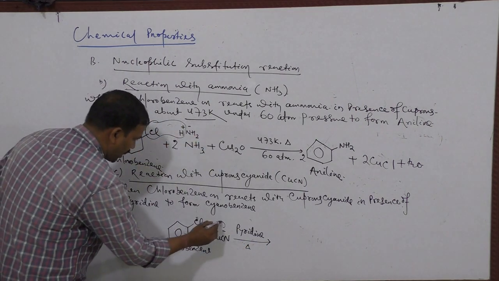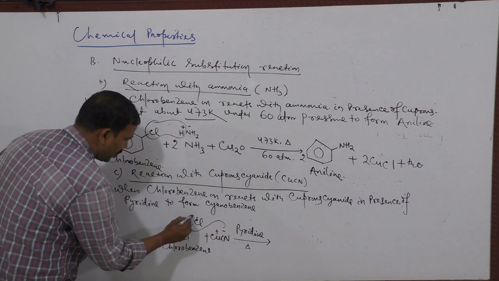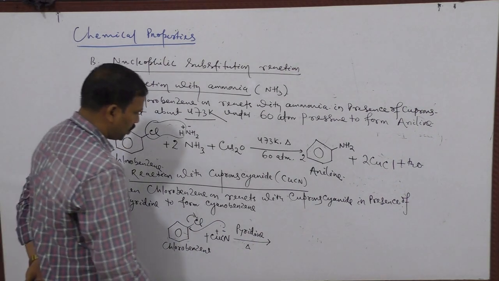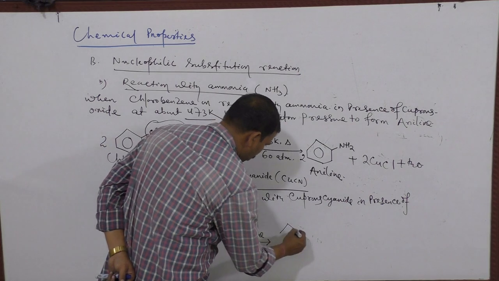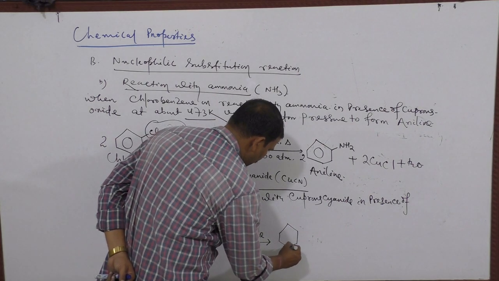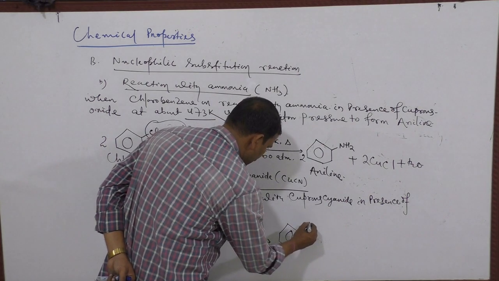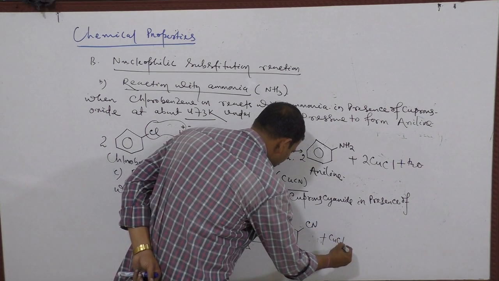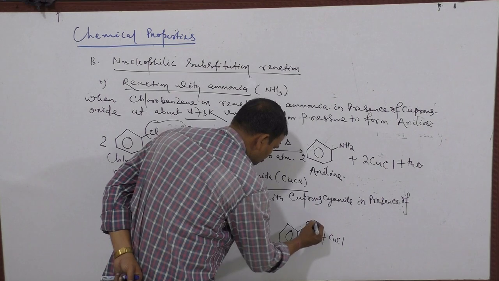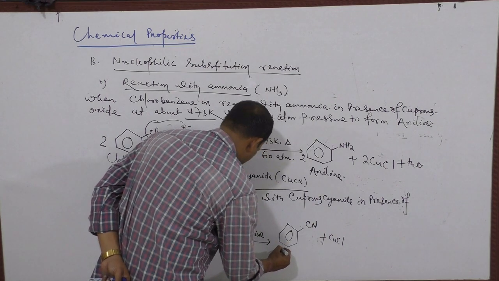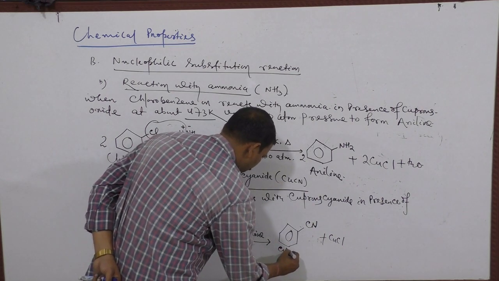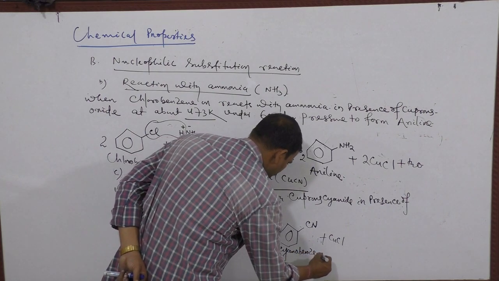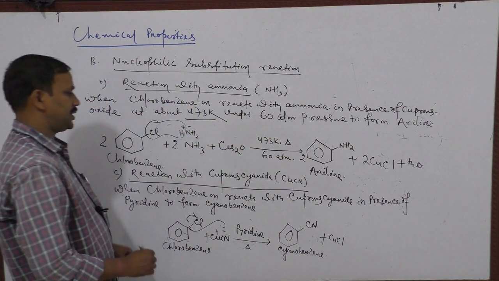Now CN minus attacks the position, chlorine acts as a leaving group, and forms cyanobenzene, plus CuCl. This is known as cyanobenzene, and its other name is phenyl cyanide.